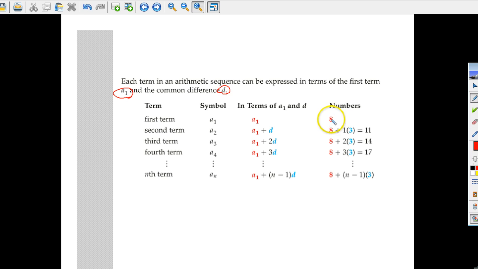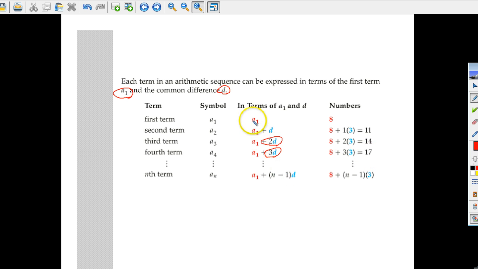For example, if it's 8, and the common difference is 3, it would be 8 plus 3, which is 11. The third term will be a1 plus 2 times the common difference, which will be 6, and now it's 14. And you add 3 times the common difference to the first term, and you have 17.